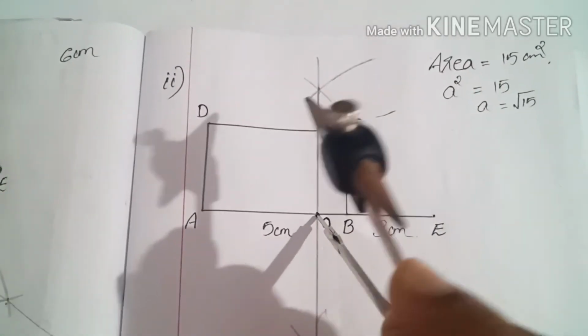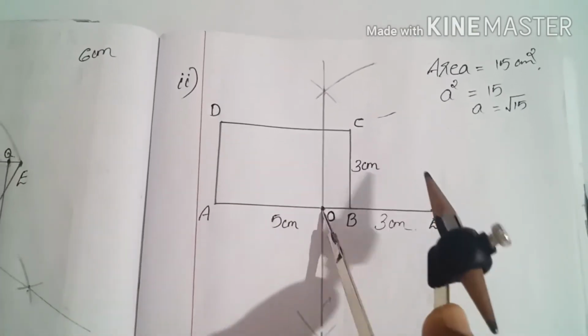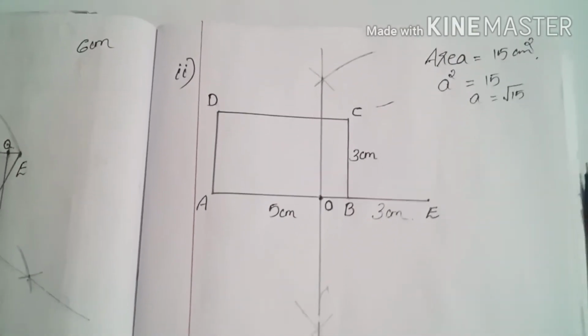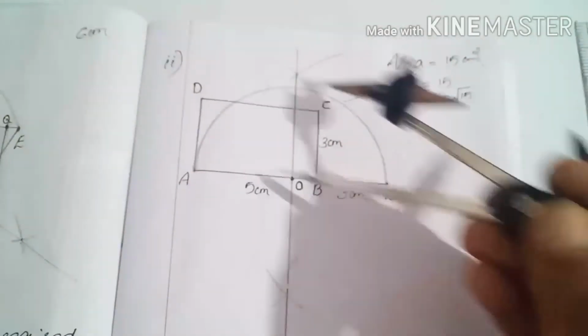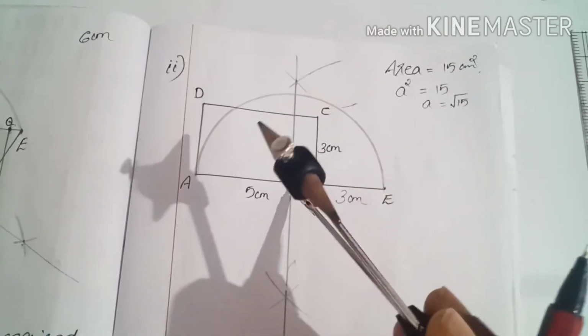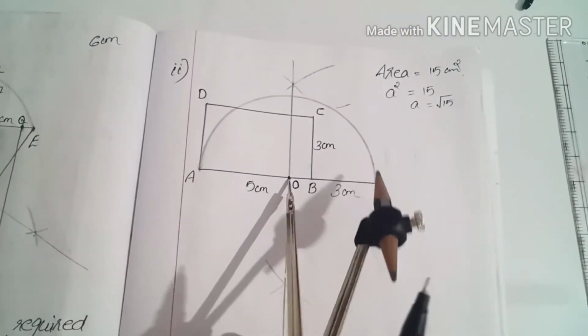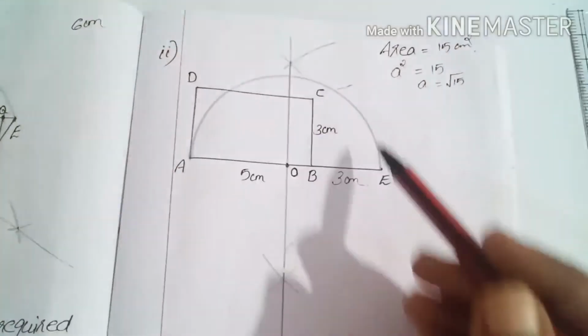OA and OE are equal. Using the compass, draw a semicircle like this by taking O as the center and OA as the radius.